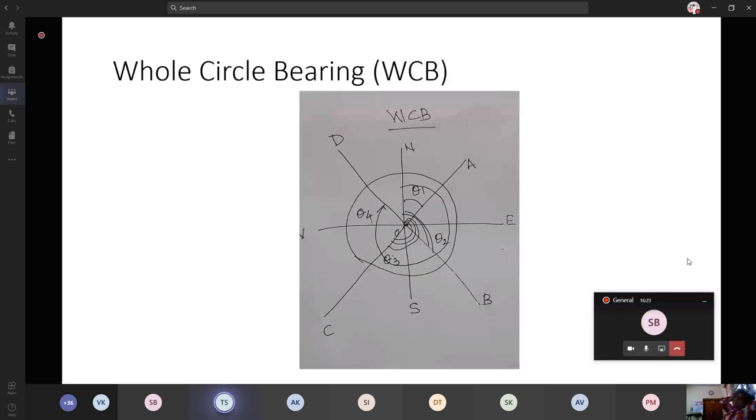What is the significance of this? When your flight is taking off or landing, they say they are taking a number. They say, I'm taking off or landing on runway number 9. What does it mean?